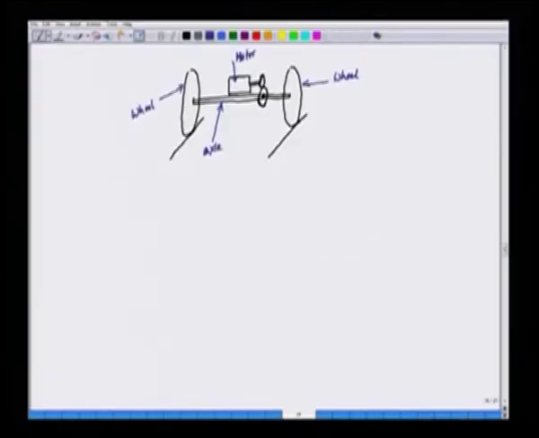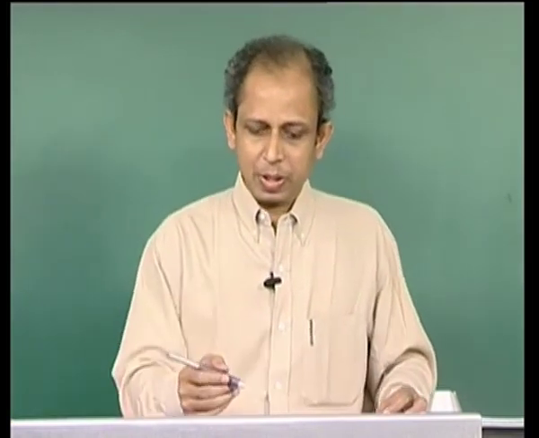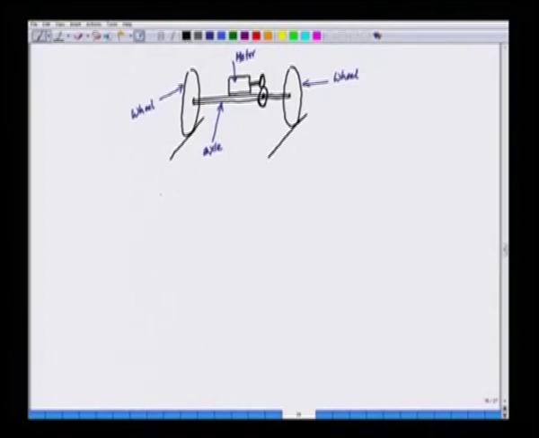So, if suppose we have a choice of motors, so for example, let us talk about DC motors. We have the choice of using either a separately excited motor or a series motor. Now, if we use a separately excited motor, how is the load torque shared? Now, let us see the torque speed characteristic of a separately excited motor.